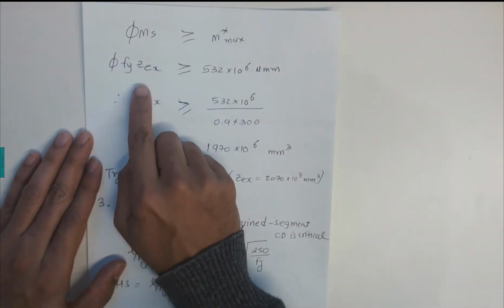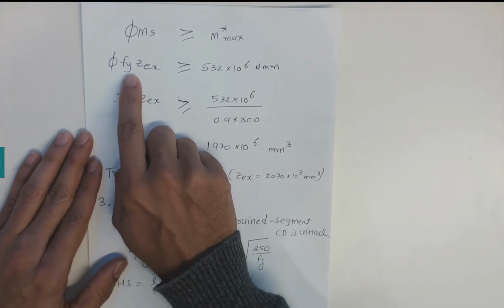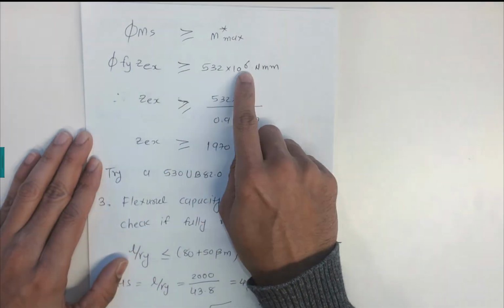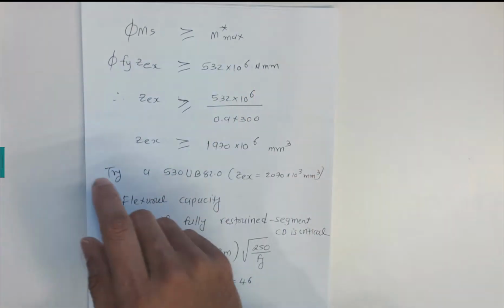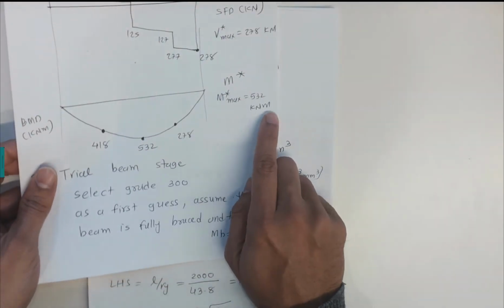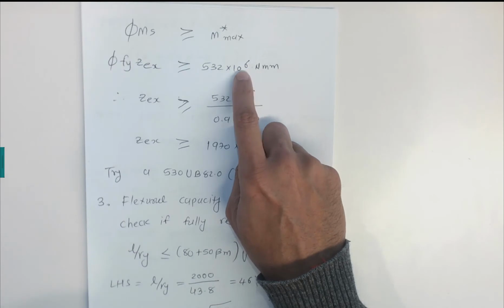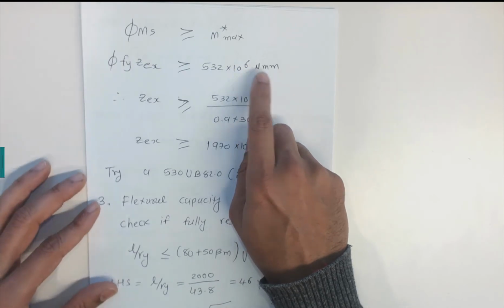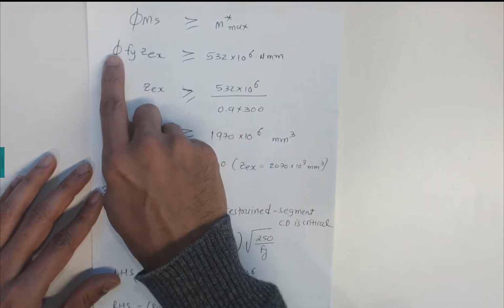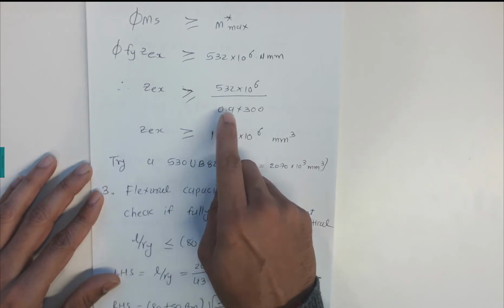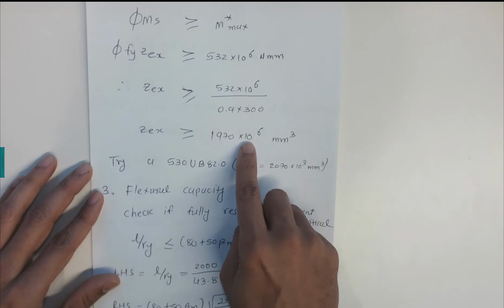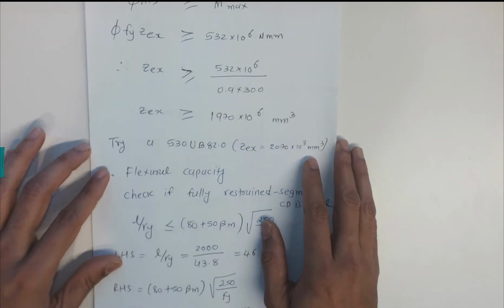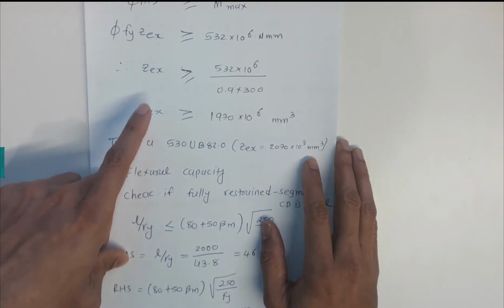Now we have taken grade 300, so Z equals 530 times 10 to the power 6. We convert kilonewton meters into newton millimeters by multiplying by 1000 and 1000, giving 10 to the power 6 newton millimeters. 0.9 is the capacity factor, dividing by Fy of 300, so the Z value is 1976 times 10 to the power 3 millimeters cubed. That is the required effective section modulus.